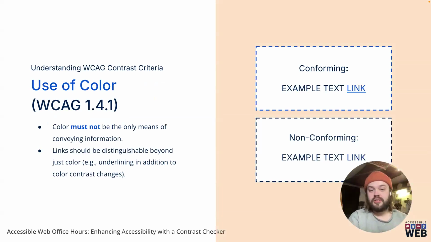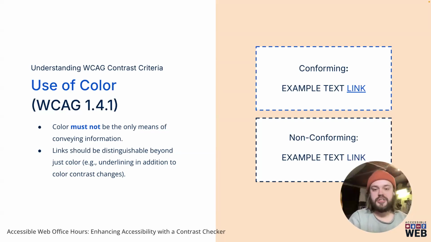There's also use of color. This is for when color must not be the only means of conveying information. That kind of means links should be distinguishable beyond just color, so it has a secondary affordance, like an underline. But if you use just color to distinguish a link from normal text, it requires a 3 to 1 contrast ratio against the surrounding text.